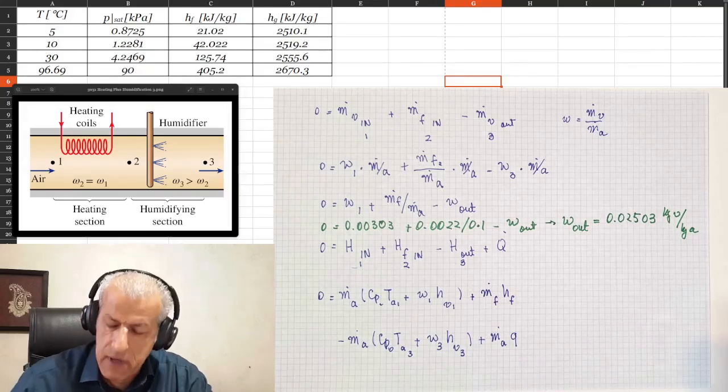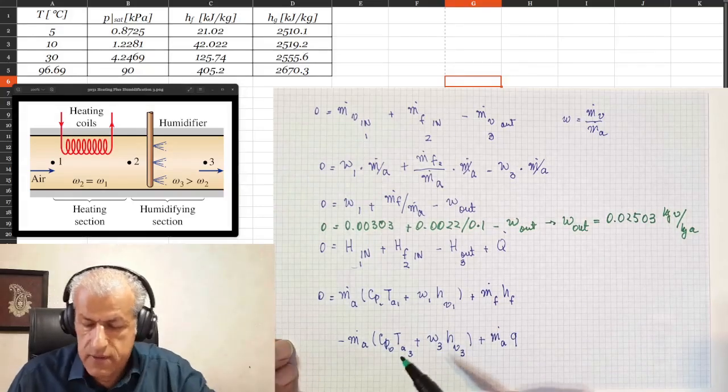At this stage, we have all the knowledge we need to calculate the first law.